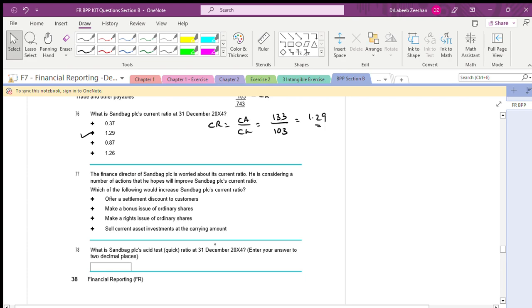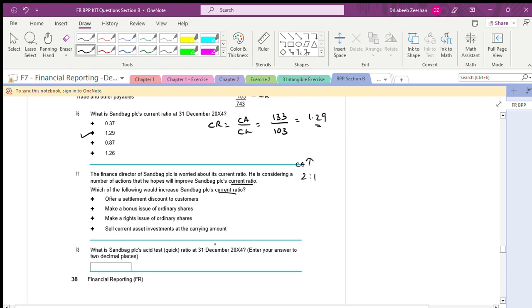Next, conceptually, the finance director of Sandbag is worried about its current ratio. He is considering a number of actions that he hopes will improve the current ratio. Which of the following would increase the current ratio? The ideal current ratio is 2:1. Your current assets have to increase. That's very important.